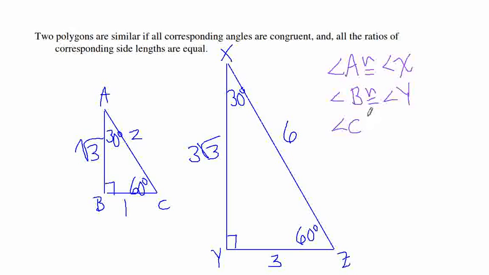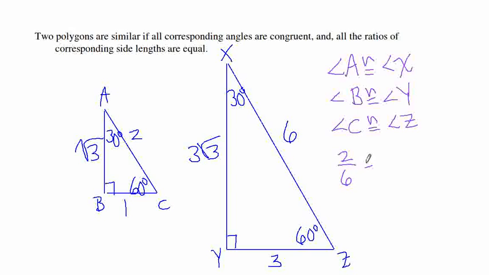Is angle C congruent to angle Z, that's the corresponding angle on the other triangle. Okay, and regarding the side lengths, let's take the ratio of the hypotenuses, so 2/6.